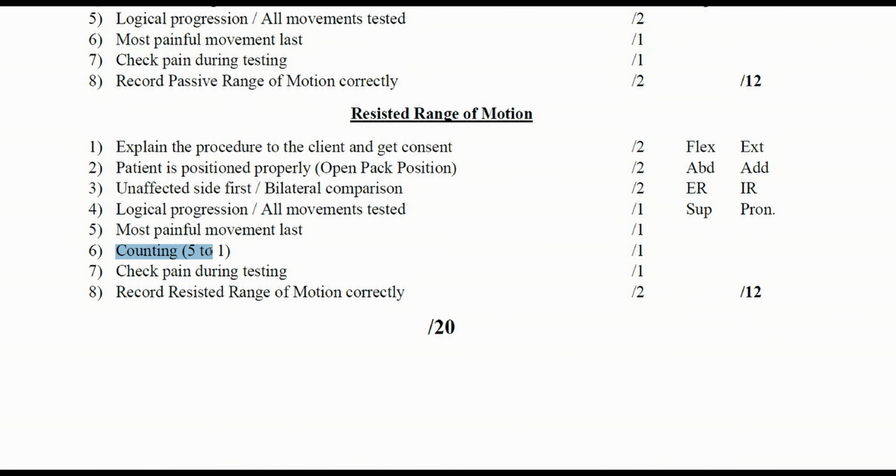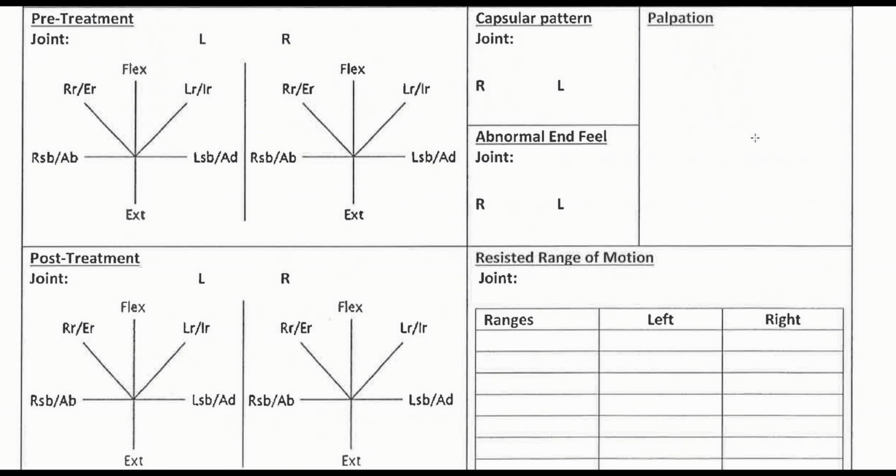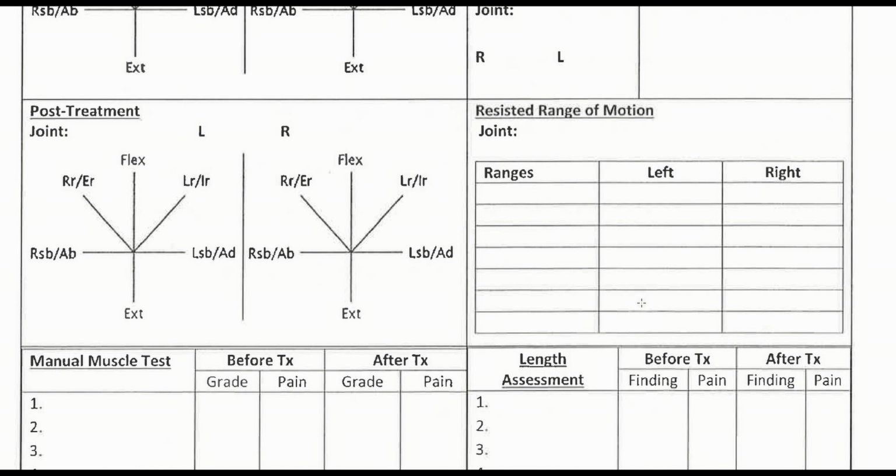Here you have to count from 5 to 1. You might actually lose marks here if you're too fast, too slow, or counting from 1 to 5. So keep that in mind, please. It has to be from 5 to 1, and hopefully this is pretty straightforward. And check pain just like before, and record resisted range of motion correctly, which already has its own place.